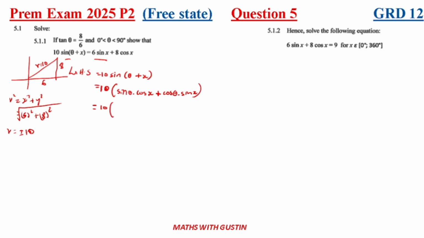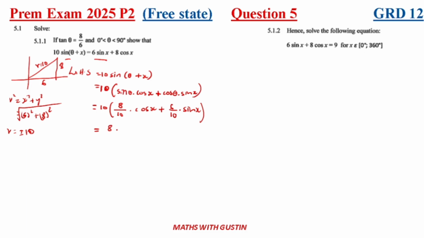So we know sine theta is going to be opposite over hypotenuse, which in this case is 8 over 10, times cos x, plus cos theta, which is adjacent over hypotenuse, that is 6 over 10, times sine x. Let's close the bracket there, and we need to multiply throughout by 10.